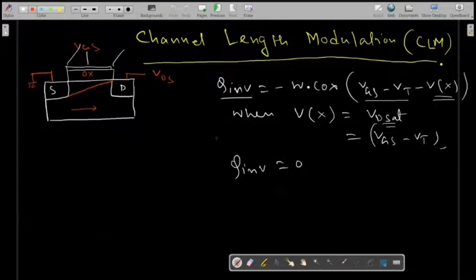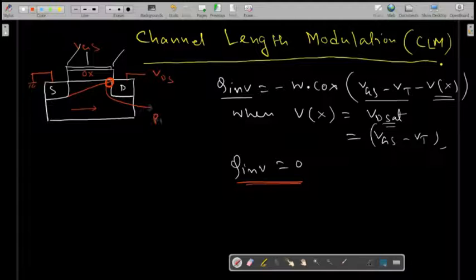Now, Q inversion is 0. If you further increase the value of Vx, the Q inversion is already 0 here, so in this region there is no inversion layer.